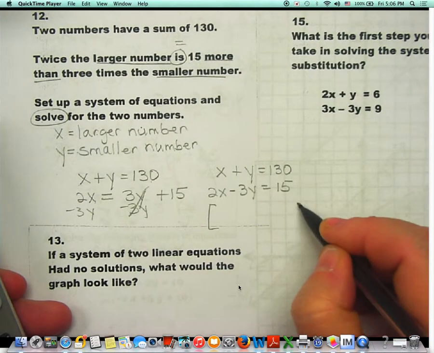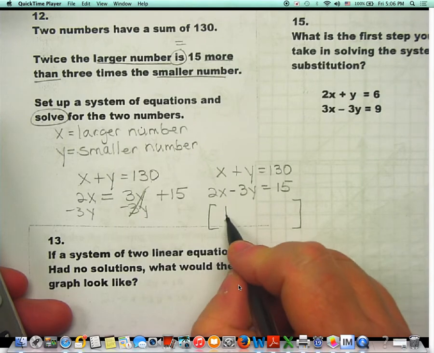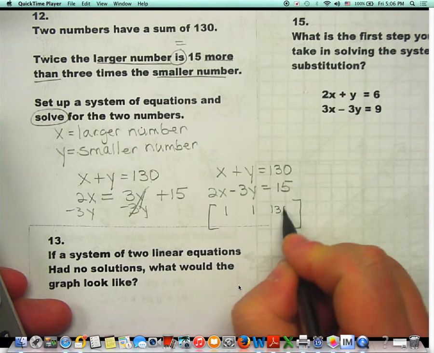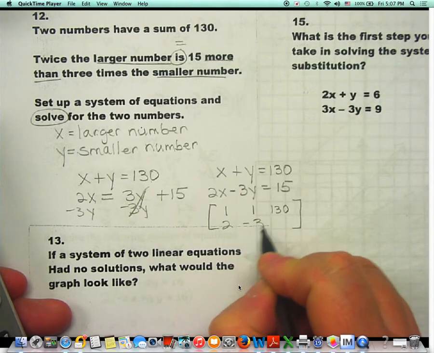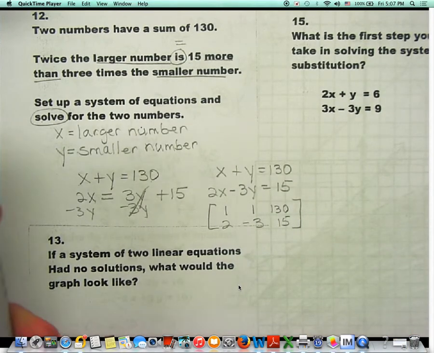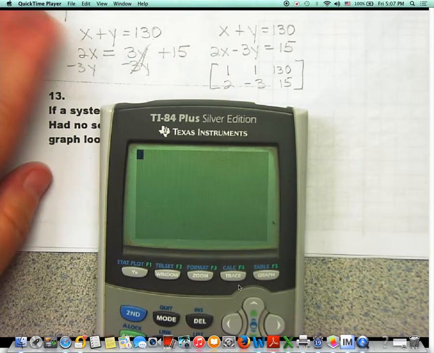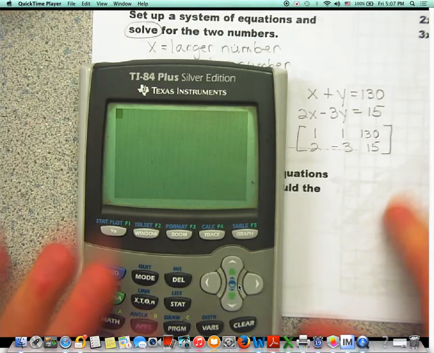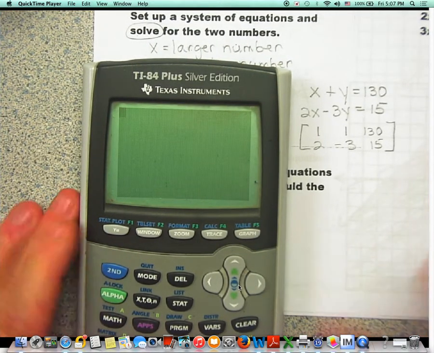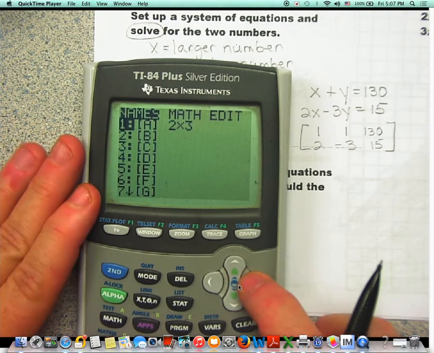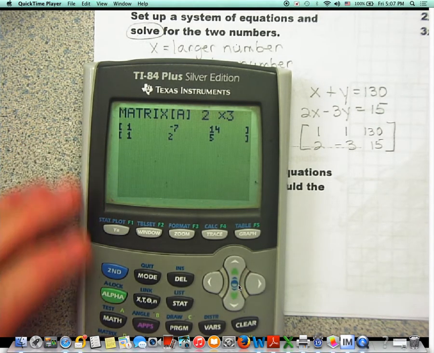And so I'm going to put the matrix in here as 1, 1, 130, 2, negative 3, 15. Okay, so we'll put it side by side like this. So second matrix, edit, and this is a 2 by 3.